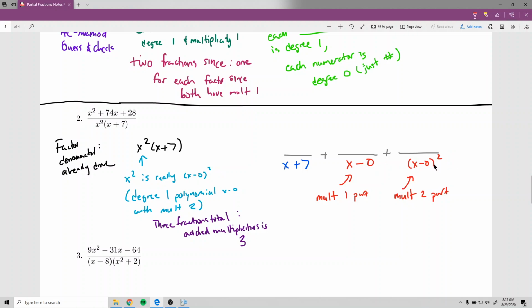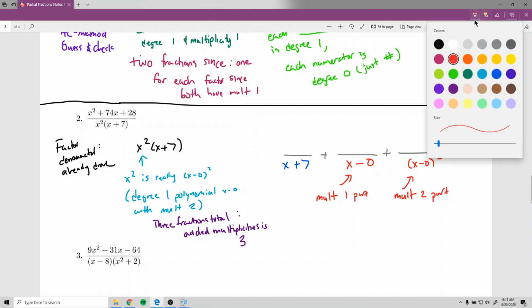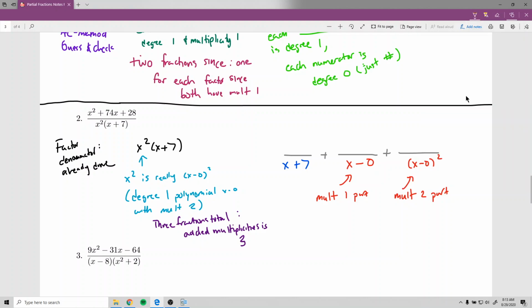And like I said, if you had a cubed, which you should not see it at all, but if you had a cubed or a fourth or a fifth power, you would just keep adding. So if we had a cube, we'd have plus another fraction, it would be x minus 0 cubed. Right, but the important thing is that even though this looks like it has degree 2, we only care about the inside.